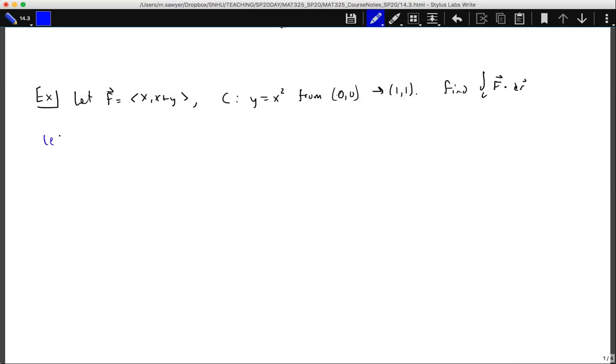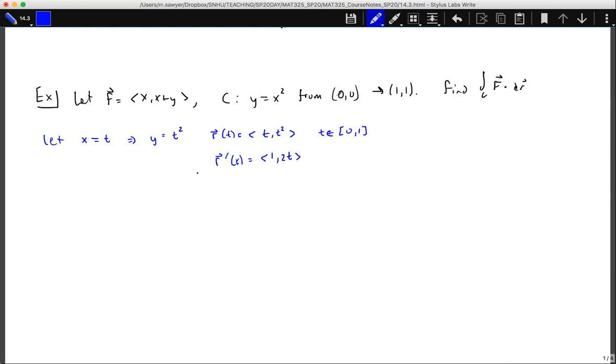So let's let x equal t. And so this means that y is equal to t squared. So our curve r of t is equal to the vector t comma t squared, where t is an element of 0 to 1. So r prime of t is equal to 1 comma 2t.